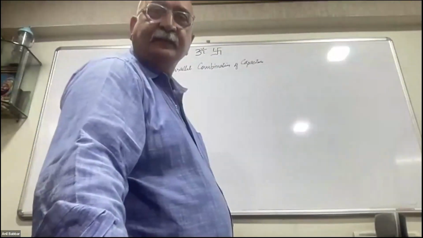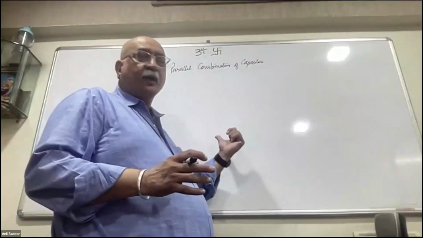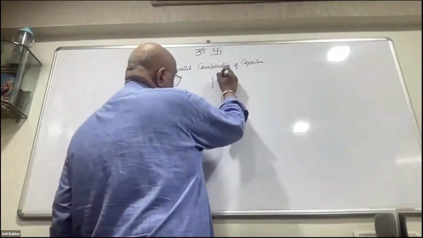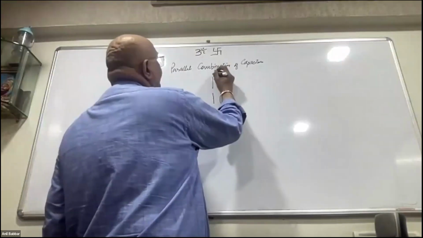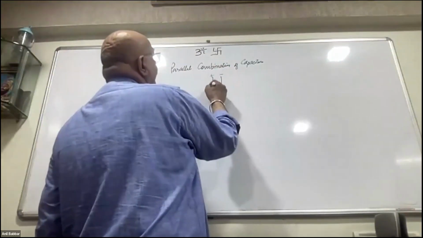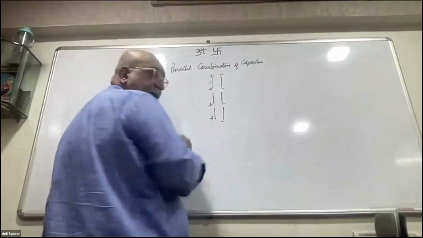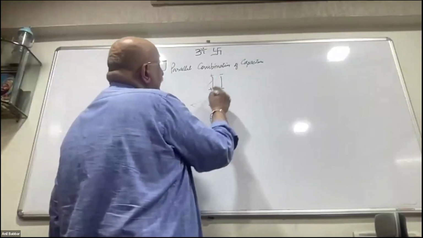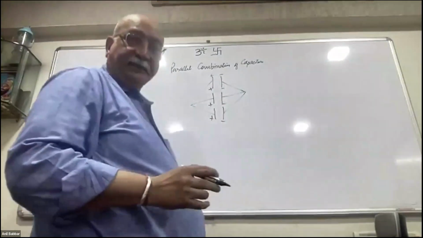So in case of parallel combination, the positive plates of the capacitors are connected to one common point, like this. These are positively charged plates, these are negatively charged plates: positive, negative, positive, negative, positive, negative. They are connected to one common point, and negative to the other side, right?